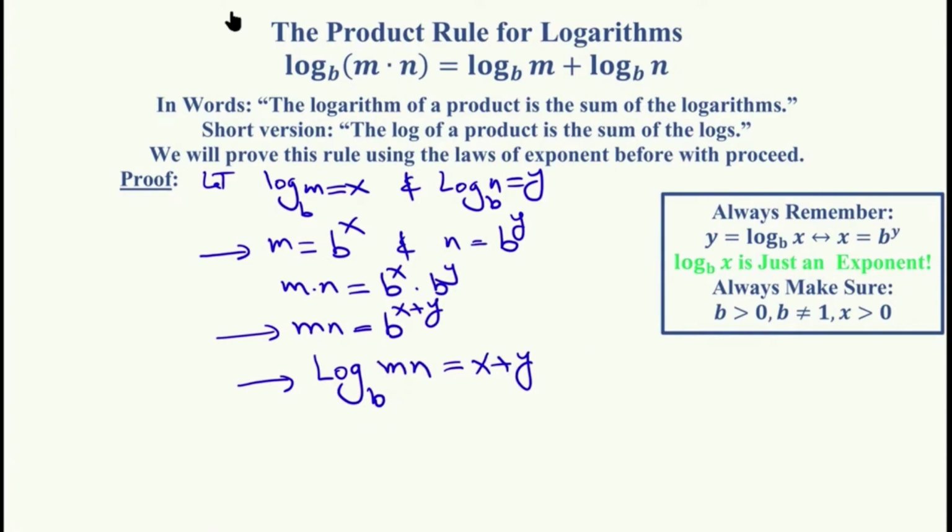Now we can use parentheses so that there's no confusion. And now all we're going to do is we're going to substitute. You remember what x was? x was log base b of m. And if you recall, y is just log base b of n.